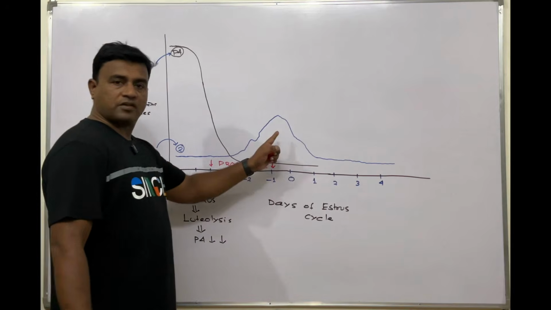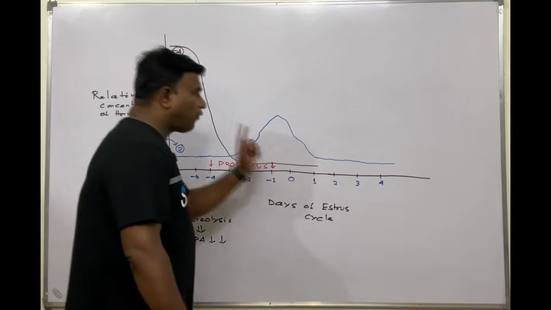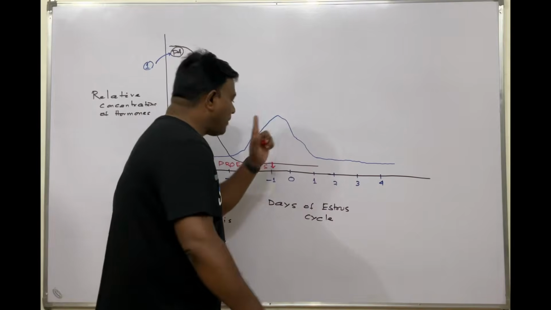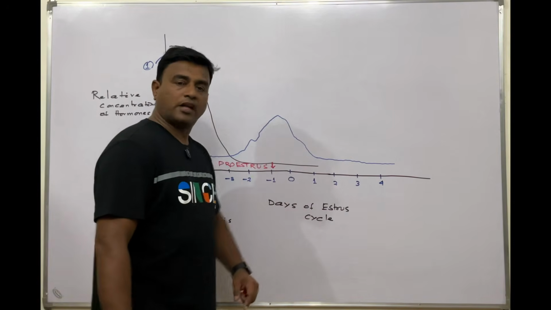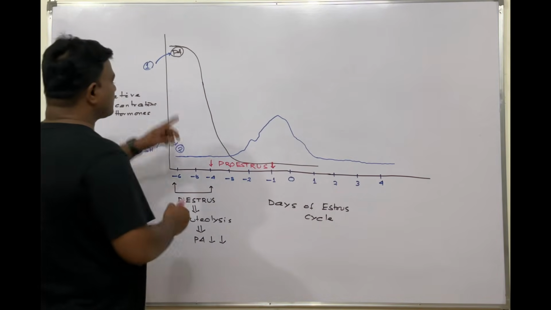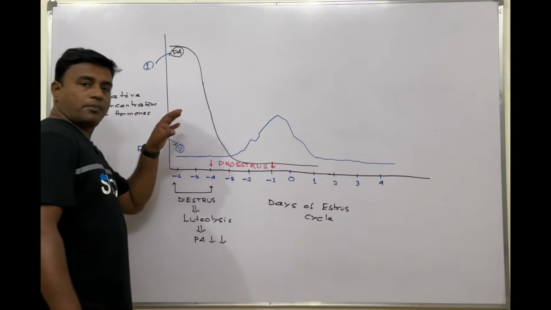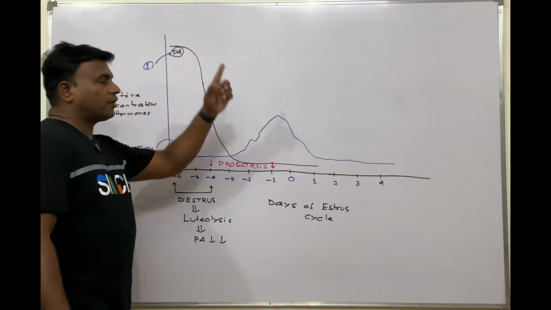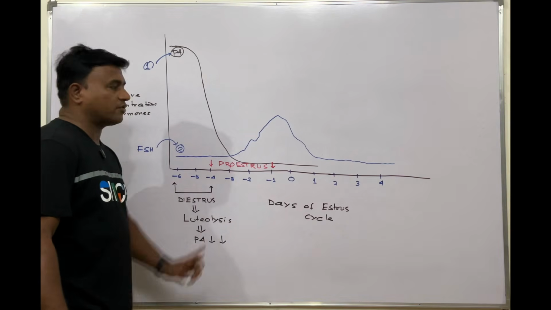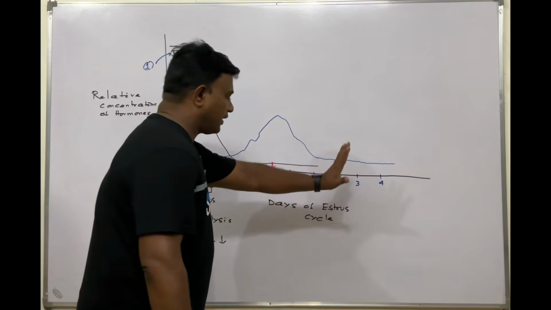Due to this FSH level, follicular pooling will occur and the wave is going to be started. That's what I said: if you start the cycle after the luteolysis, the follicles undergo recruitment and selection, and definitely dominance will occur. So the FSH is like this.